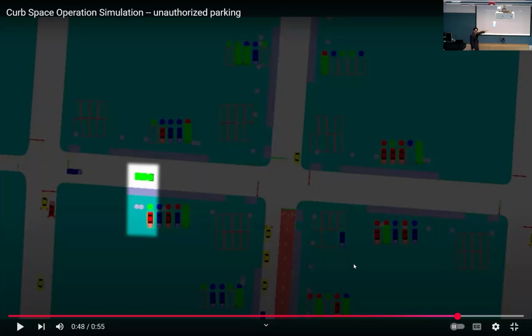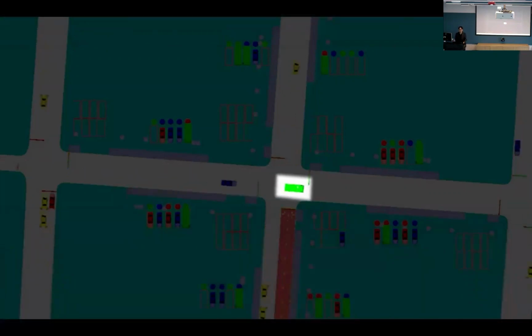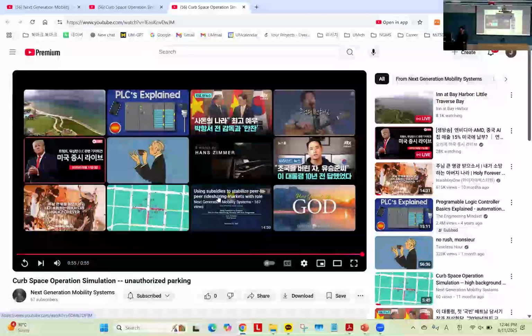Had this vehicle not been there, that delivery truck would use that space. But because of the illegally used space, the truck has to pass by, which will increase the congestion and discomfort of the users. So these are different dynamics I tried to model in the curb space SUMO model.